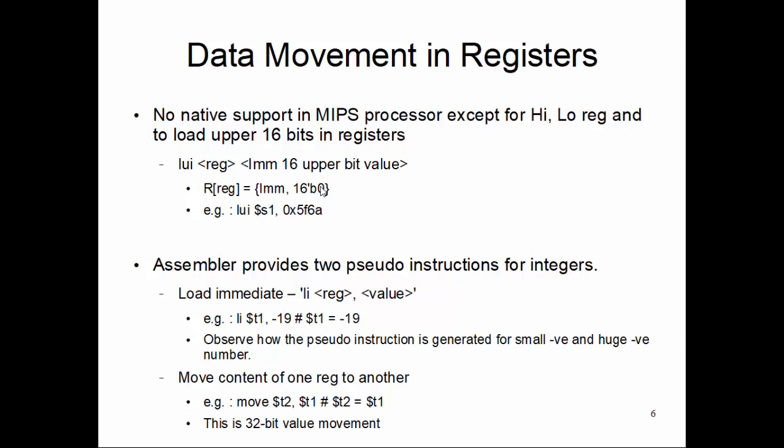Now the assembler provides pseudo instructions for integers, like load immediate. We already used it, and we have seen how the pseudo instruction is changed to a basic instruction using add immediate unsigned.